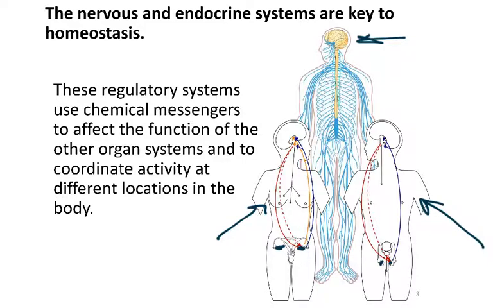The nervous system does that with direct physical connections in the form of nerves from the brain and the spinal cord that carry electrical signals that get converted into a chemical message and then cause an effect. The endocrine system releases its chemical messengers, its molecular messengers, into the bloodstream, and so they travel throughout the body.